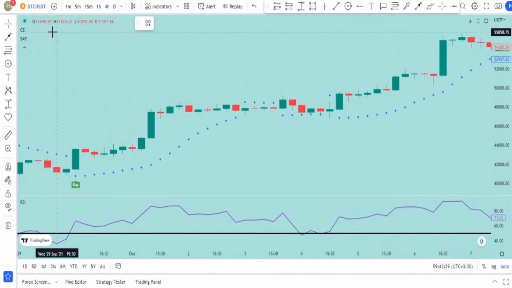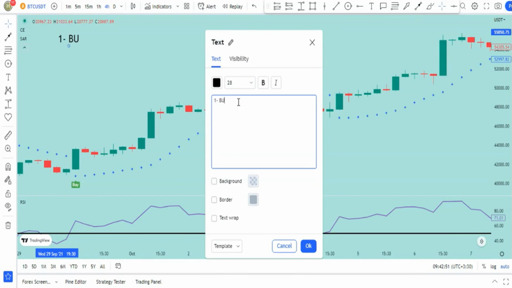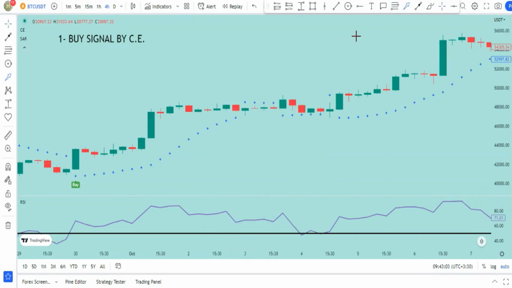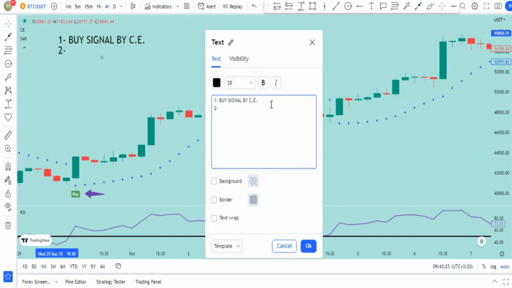Now the trading setup rules are such that for a buy trade, a buy signal must first be issued by the chandelier exit indicator. And then in confirmation of this signal, the parabolic dots should be under the candles.